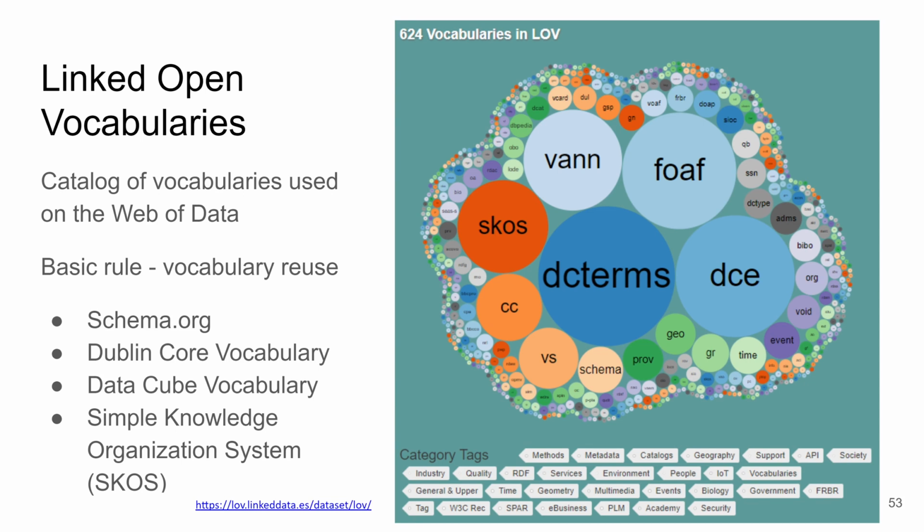Those are prefixes of Dublin core vocabularies, and Dublin core vocabularies contain predicates and classes for documents. So if you want to say that something has a title or something has a creator, we go to Dublin core for that, and we do not have to redefine this predicate when we create a new vocabulary. So the biggest vocabularies in the diagram are the most used ones in the web of data.